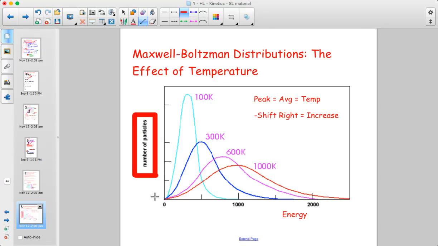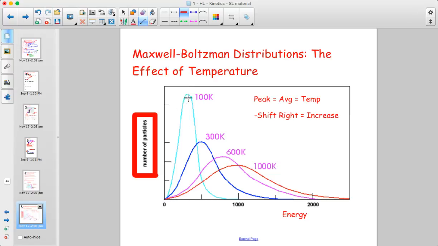So as the range of speeds, the range of energies gets wider, there's fewer and fewer particles at each one of those speeds. The range of speeds gets broader. So the area under the curve stays the same as the peaks shift left or right. So when you get colder, the peak shifts left, so the average is less. This is the lowest temperature, 100K, and the range of speeds is quite narrow.